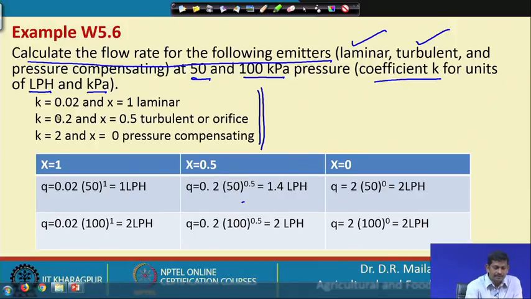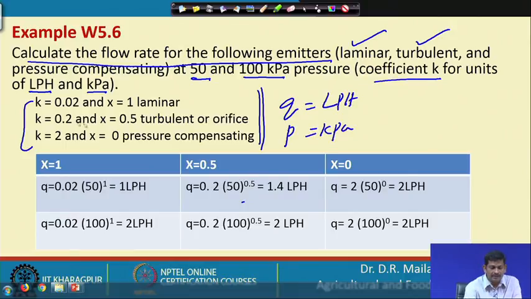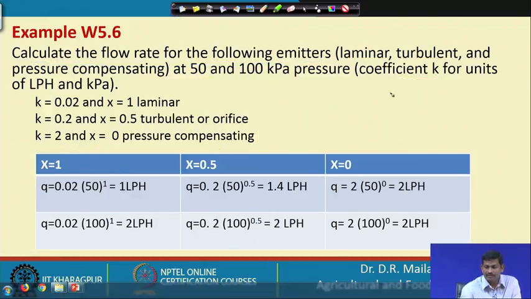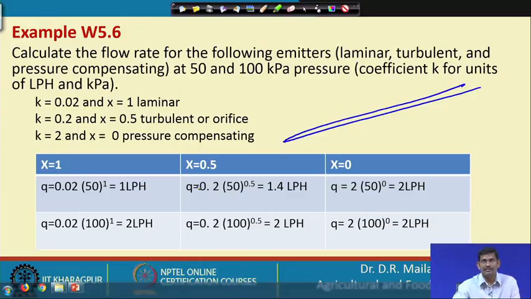When Q is in LPH and P is in kilopascal, K value is 0.02 and x is equal to 1 for the laminar case; K equals 0.2, x equal to 0.5 for the turbulent case; and K equals 2 and x equal to 0 for the pressure compensating case. This data is given.